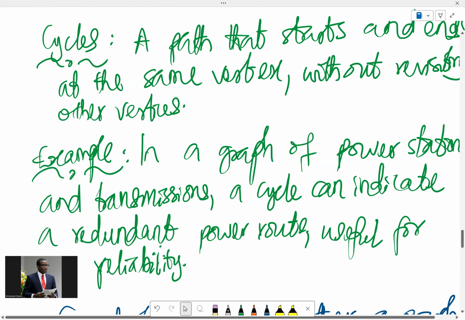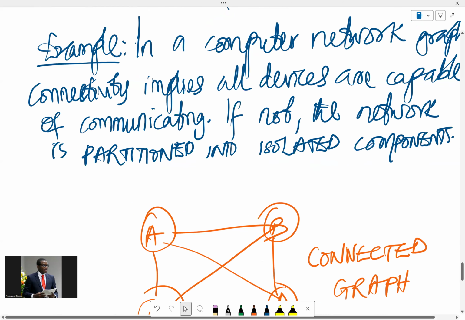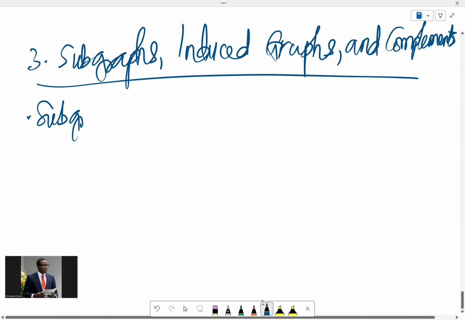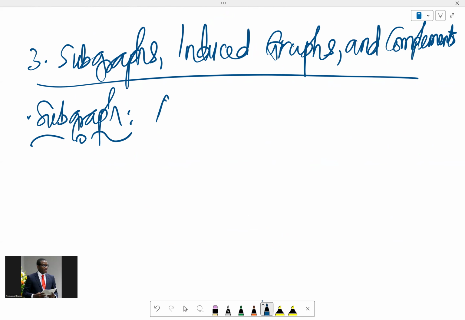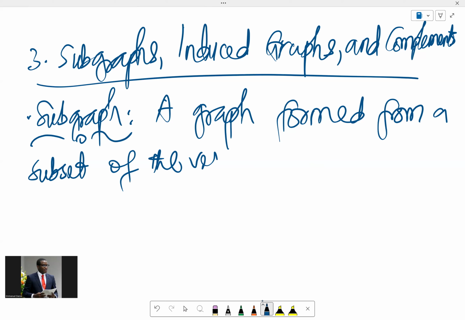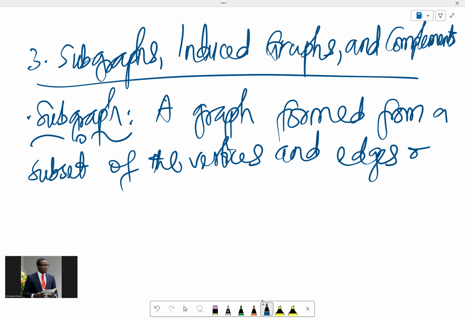Let's start with a subgraph. What is a subgraph? This is simply a graph formed from a subset of the vertices and edges of a larger graph.